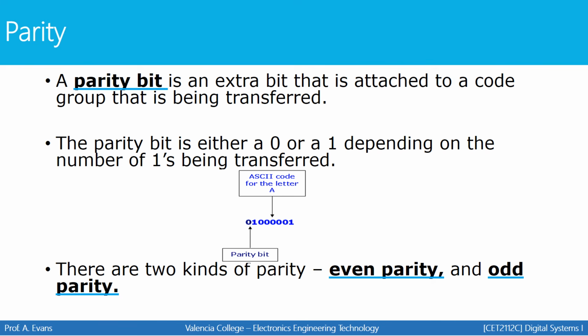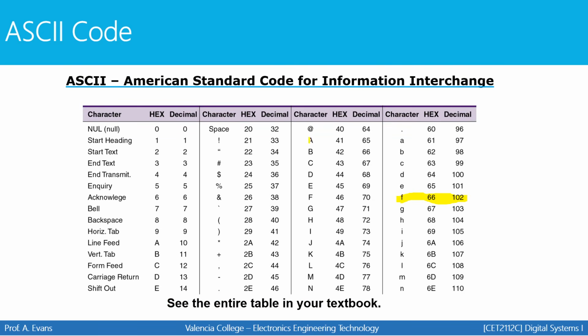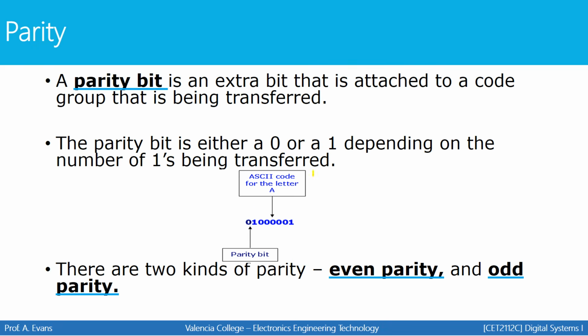So just as an example, let's say I'm going to send the ASCII code for the letter A. If I go back to this table and look at the letter A, it is 4, 1 in hex. Here's my 1. Here's my 4. There's 7 bits.